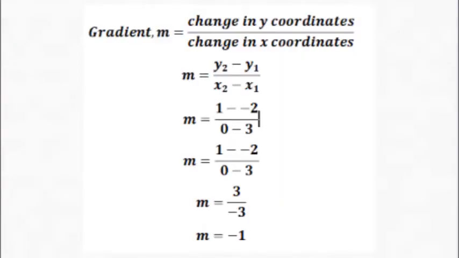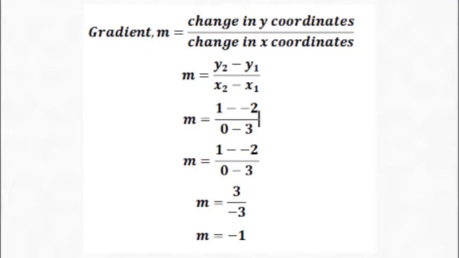Gradient, also known as slope, denoted by letter m, is equal to change in y coordinates divided by change in the x coordinates.